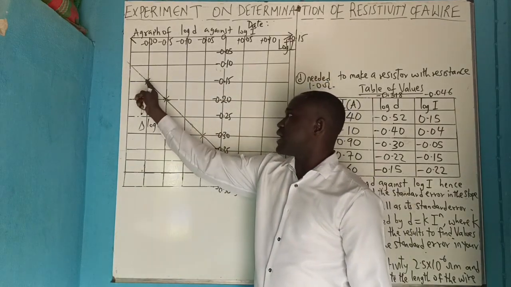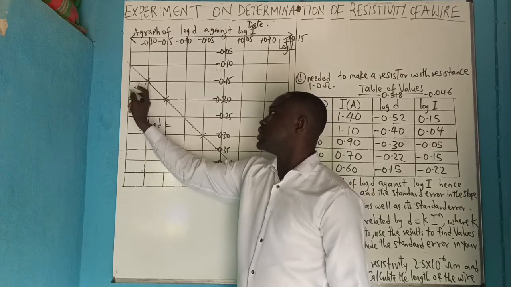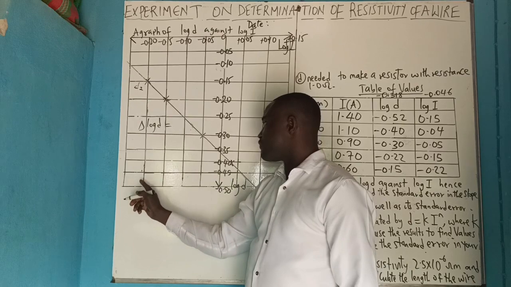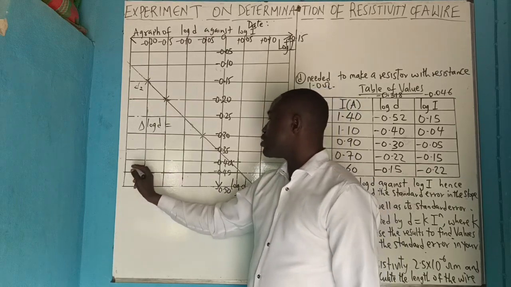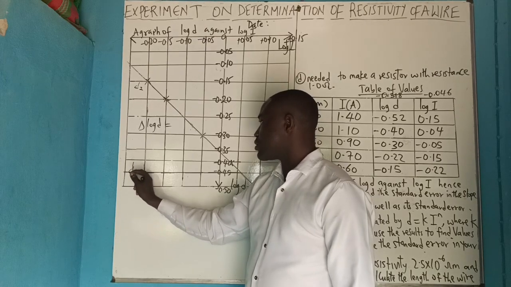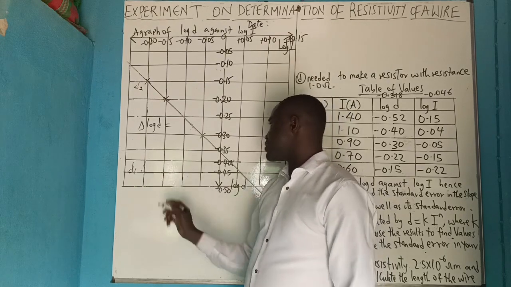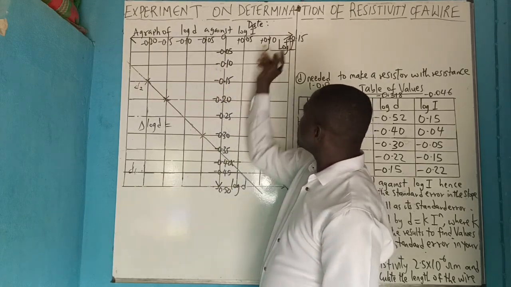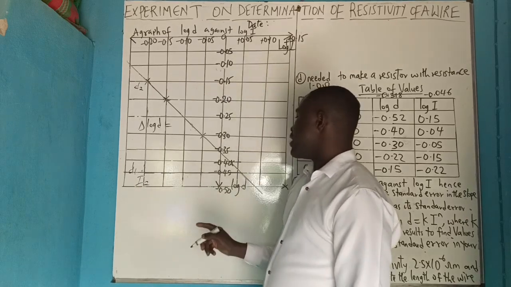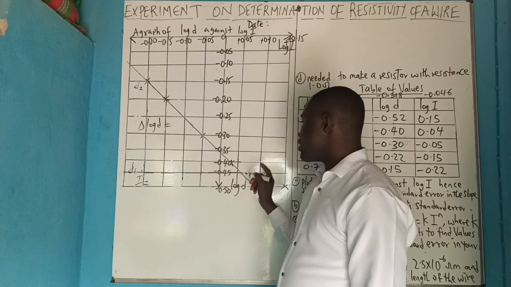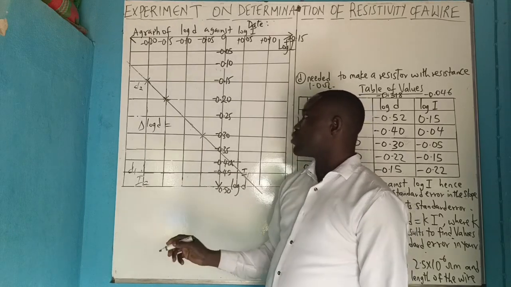The highest part is called your D2, that is log D2. The lowest part of it is called D1. Then where the vertical and horizontal meet, you will call it I2. Then this other one will be I1. Look at what we mean.